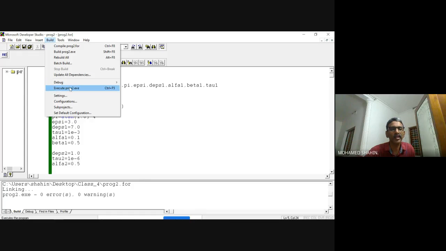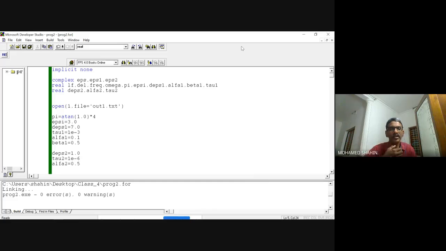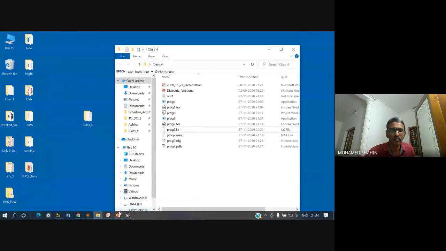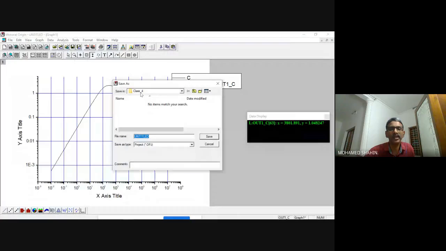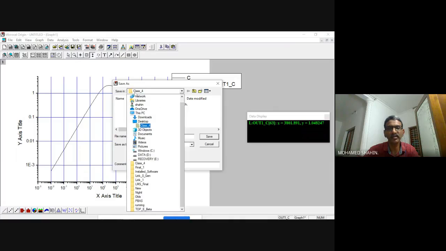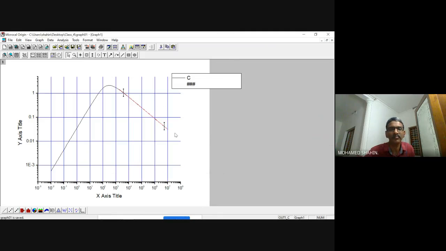Build, rebuild all. Build, execute. Okay. Now you can see that I import this file, save the project as class 4, where it is saved, desktop class 4, graph 01, first graph.